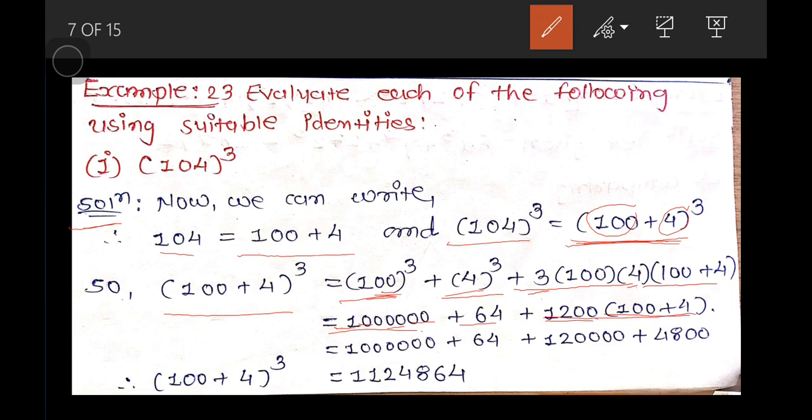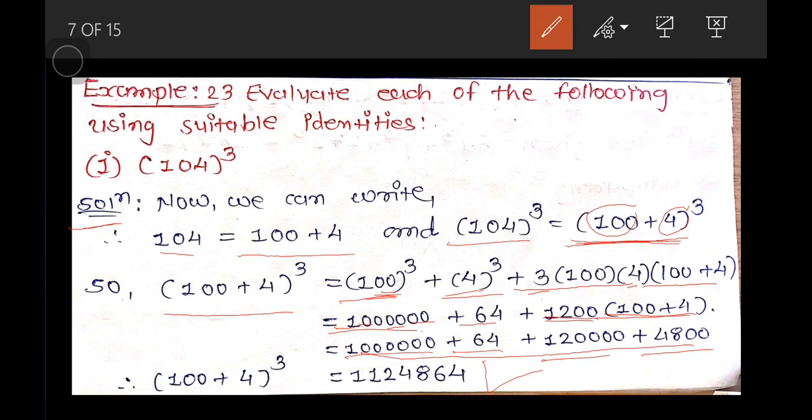Here we get 10 lakh + 64, and 1200 into 100 will be 1 lakh 20,000, plus 4,800. Now we take the sum of all these terms and we get the answer for (100 + 4) cube.